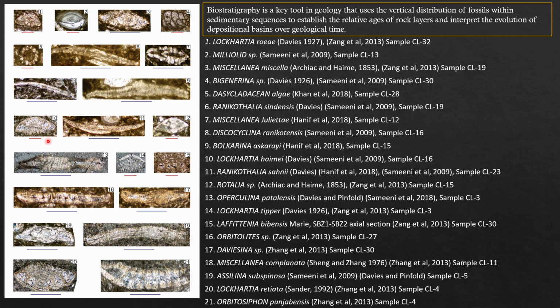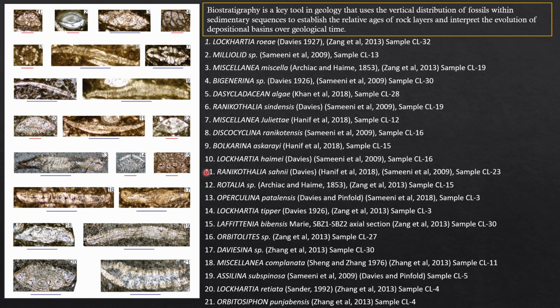For the age, in our 32 samples we found these index fossils. Mainly in the Paleocene we can focus on the Miscellanea species, Ranikothalia species, Dessicata facies and Lockhartia facies.